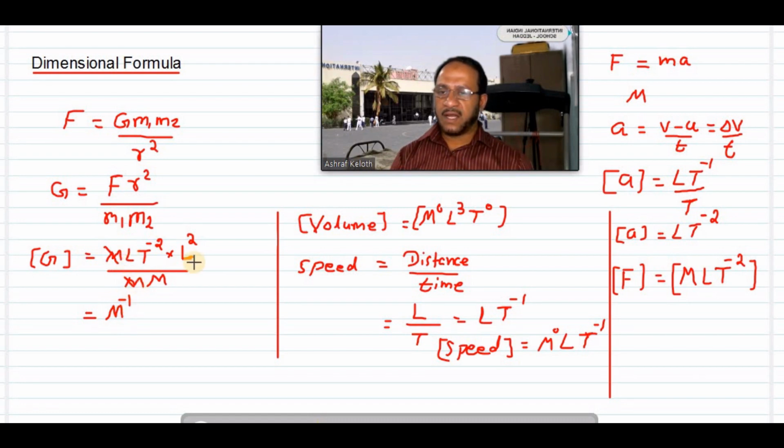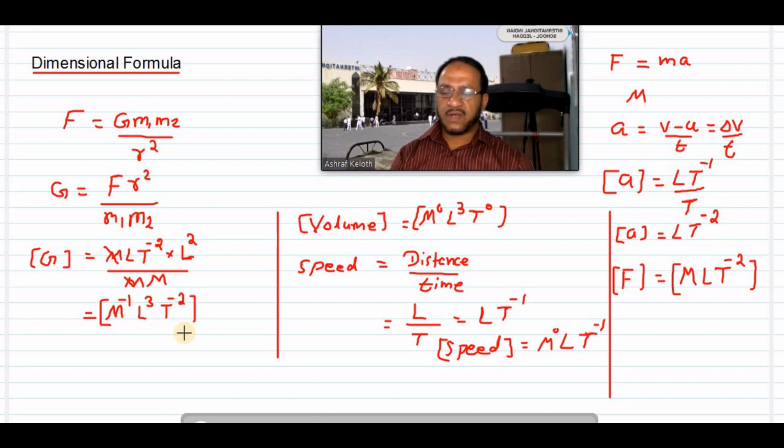Then here we have L and here L square, so L into L square becomes L cube, and T raised to minus 2. This is the dimensional formula of the universal gravitational constant. It means in the dimensional expression of the universal gravitational constant, there is mass with power minus 1, length with power 3, and time with power minus 2.